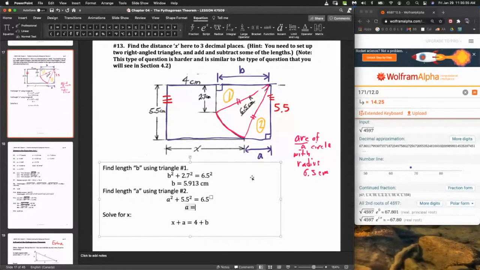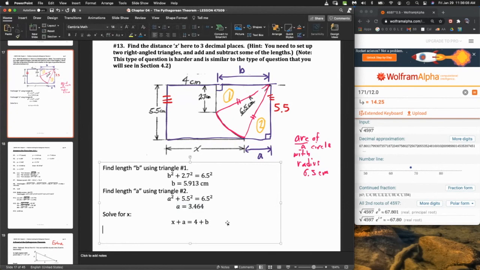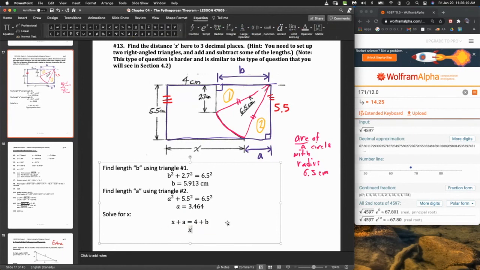I got 3. Anybody get 3 point something? Oh, really? Yeah, I think it's 3.464. Thank you, my friend. Yeah, you got to square root that thing. It's dangerous. Don't be forgetting that square root.